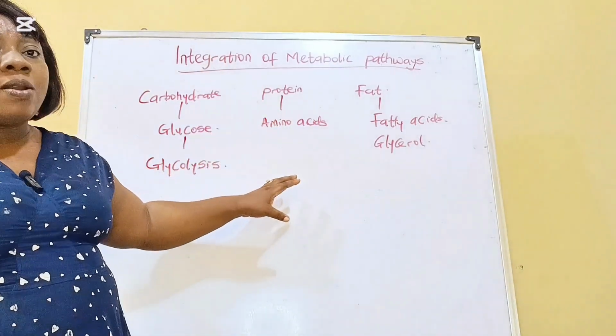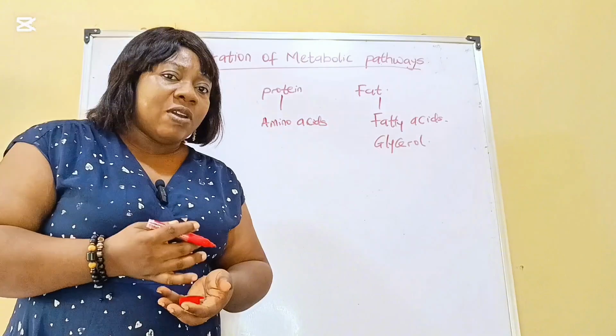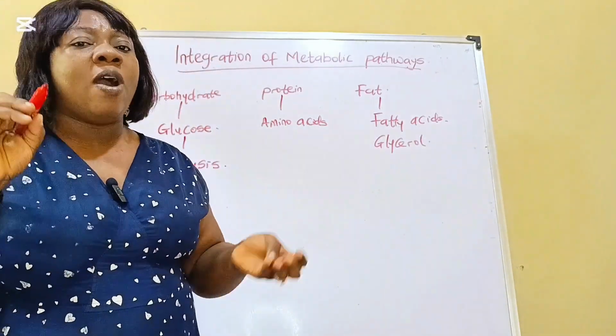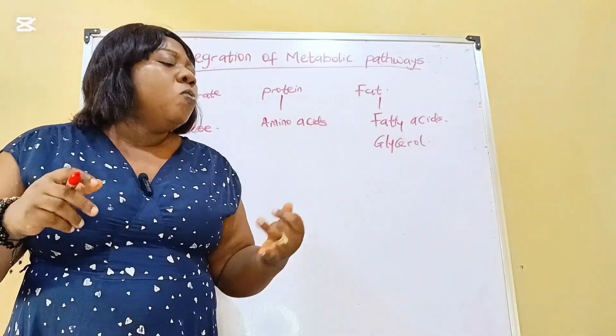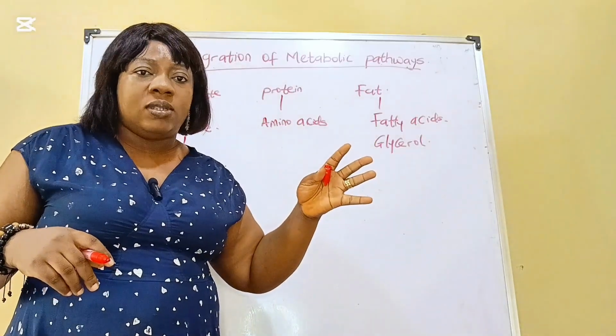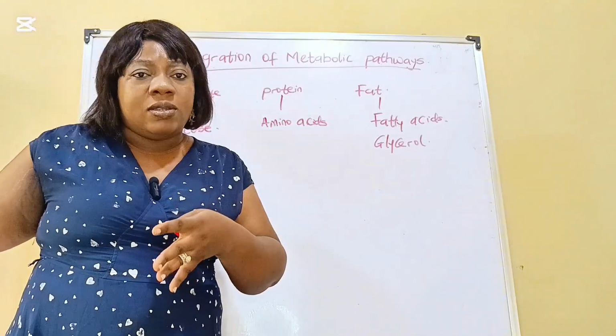What will happen to amino acids? They undergo transamination, and what we understand by transamination is the removal of the amino group. Remember the structure of our amino acid: it has a carboxylic side, and it has an amino side.